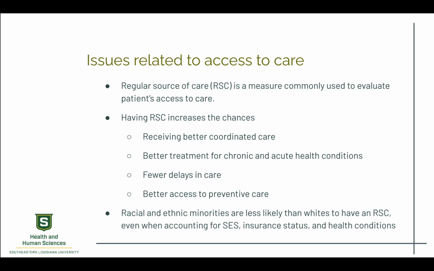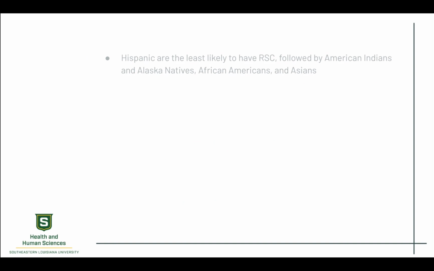So this is a challenge when it comes to access to care. Hispanics are least likely to have a regular source of care, followed by American Indians or Alaska Natives, and then you have African Americans, and then Asians.